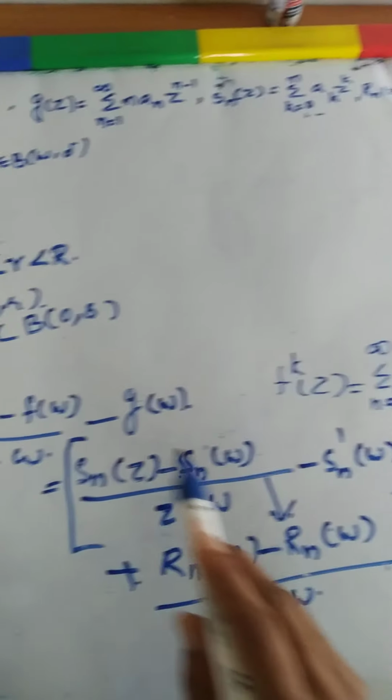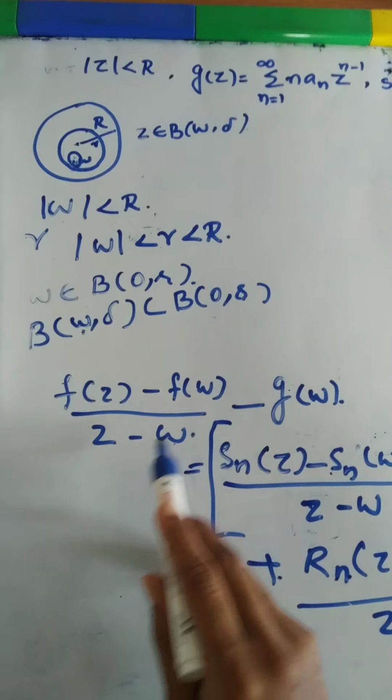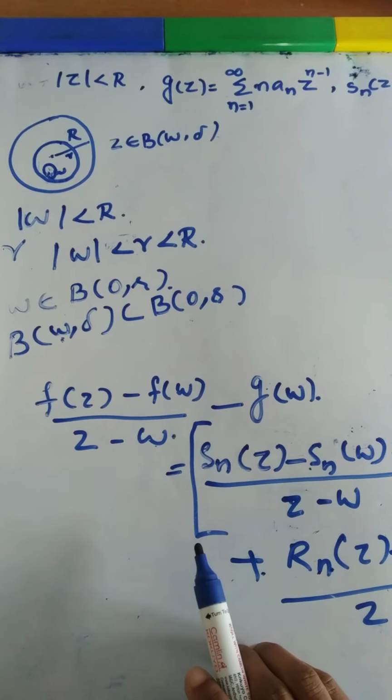These terms will give f of z minus f of w divided by z minus w minus g of w.